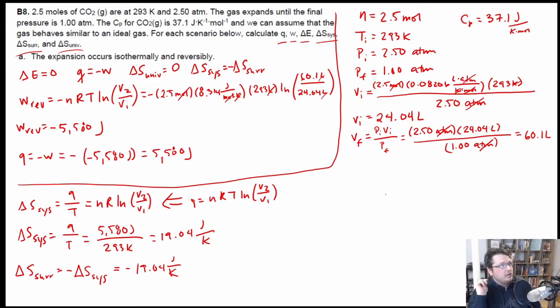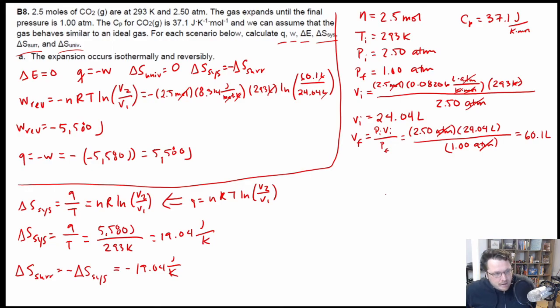All it really took was figuring out what the two volumes were, figuring out what the work reversible was, and then multiplying that by -1 to get the Q. And then in the case of the delta S system, taking that Q, dividing that by T, and then multiplying that by -1 to get the delta S of the surroundings. And then we know that delta S of the universe is going to be 0 because it's a reversible process. So very straightforward.